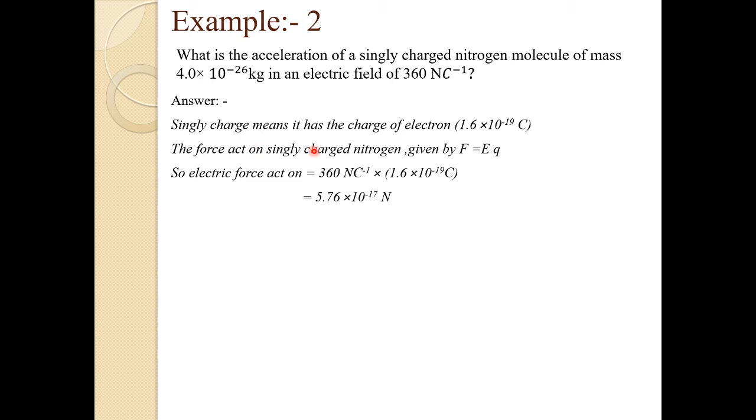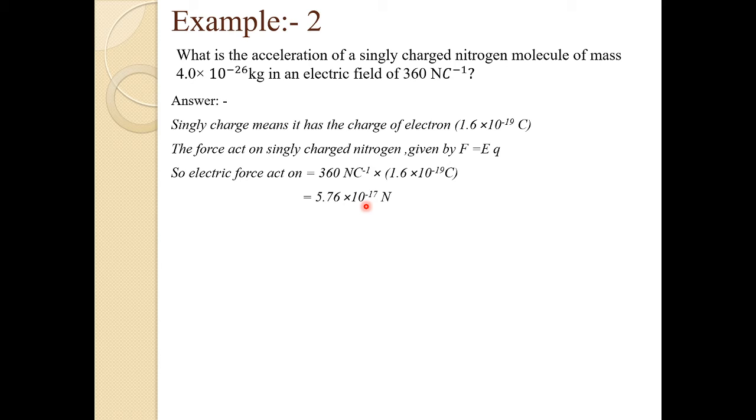The force acting on the charge is given by F = EQ. Then we can calculate the force, as we are given E as 360 and the charge 1.6 × 10^-19, and the force acting on it is 5.76 × 10^-17 newton.